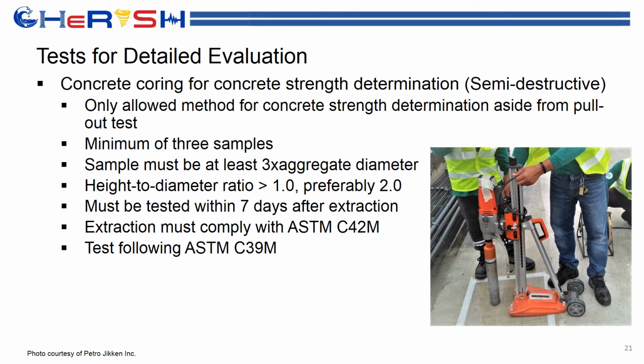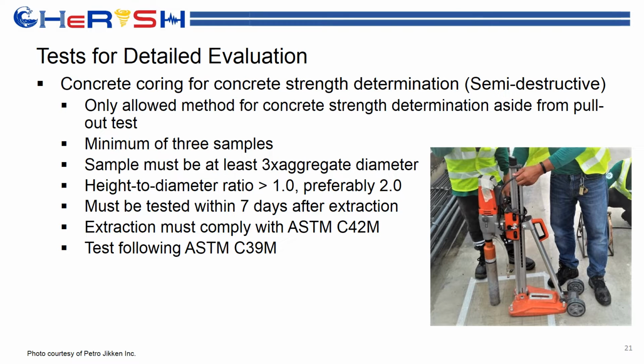For heritage structures, we understand that this is a semi-destructive technique, and we always want to minimize the amount of core samples that we take from these heritage structures, because we don't want to damage the condition of our existing structure. So we minimize the number of core samples that we take.